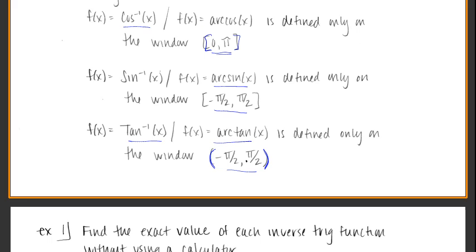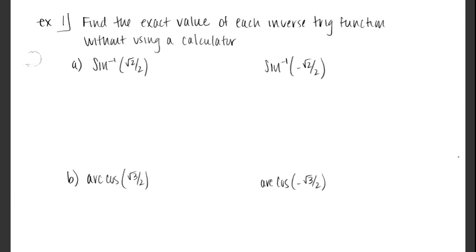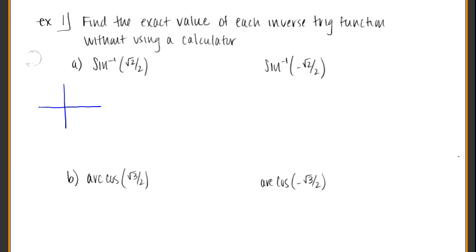Okay, so let's start with our first example. What we want to do, without a calculator, is find sine inverse of square root of 2 over 2. So what this means is, sometimes what I do is, I know that sine inverse is only defined from here, positive pi over 2, and there's negative pi over 2.